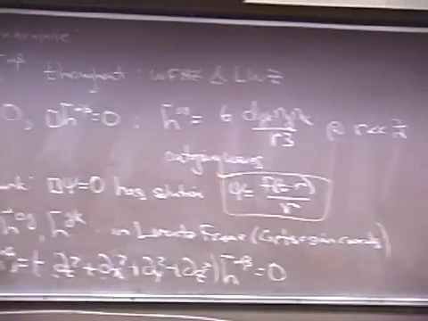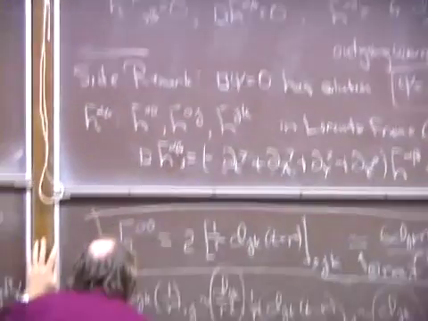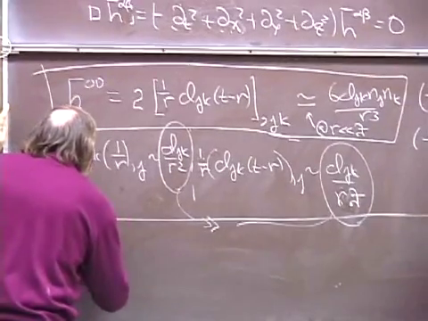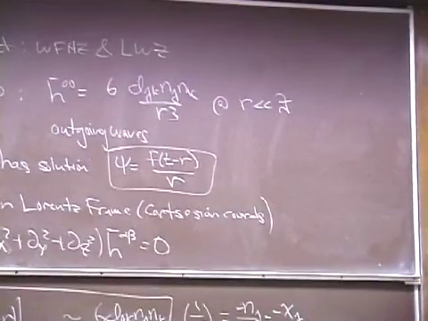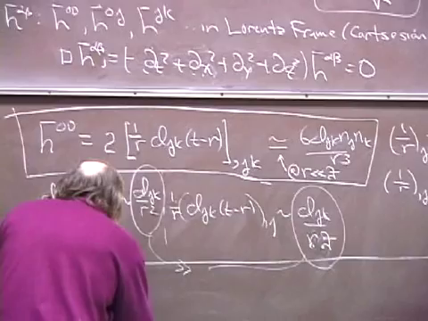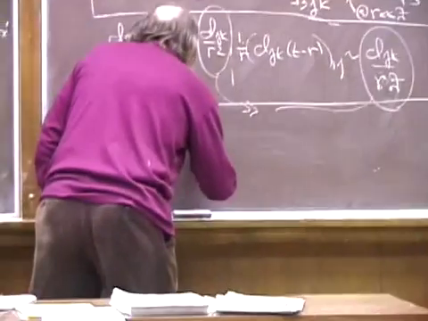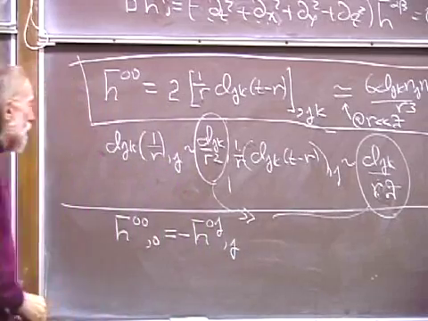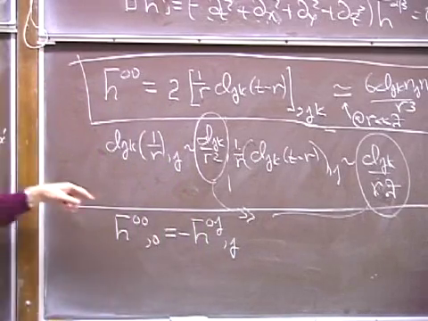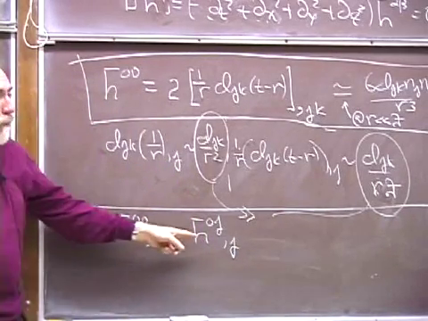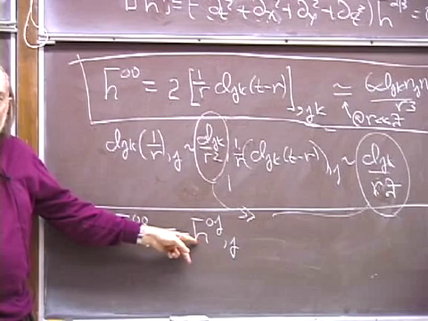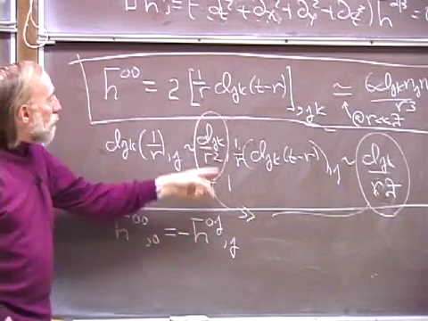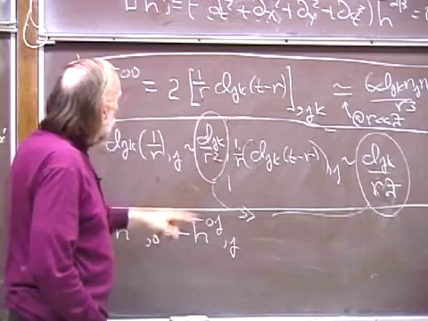So if this is the form of h bar 0,0, it needs to be true that h bar 0,0 with one time derivative is equal to minus h bar 0j comma j. That's the Lorentz gauge condition. This enables me to compute h bar 0j, just using this Lorentz gauge condition. And you can just read the answer off of here.